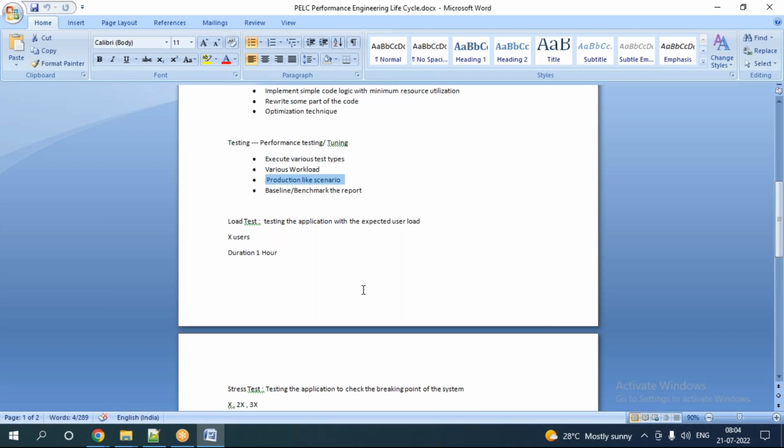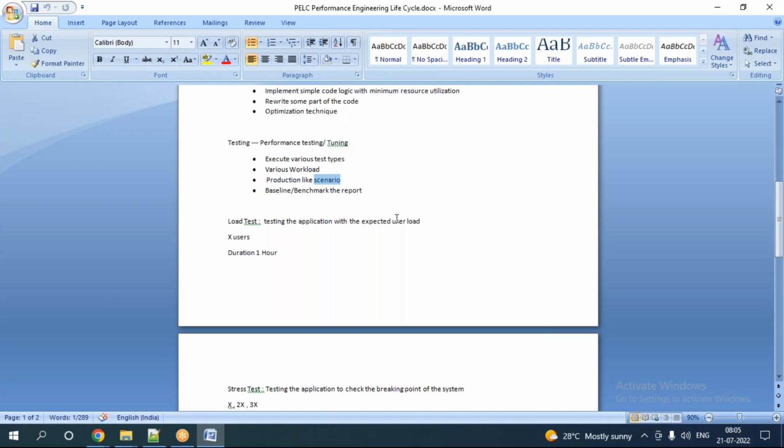But realistically speaking, you have to do a production-like distribution, then only you are simulating the production volume. If you are not properly distributing, you are only simulating volume, not a production-like volume. Okay, so try to do this also.